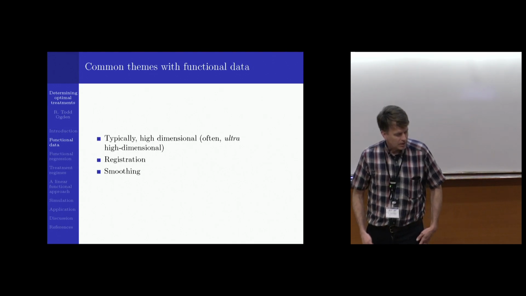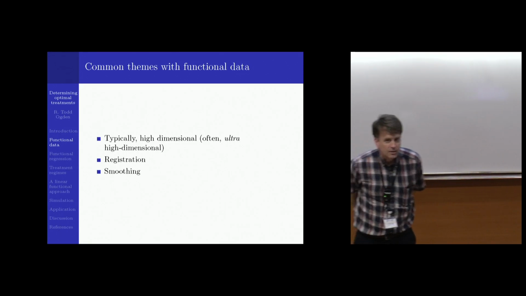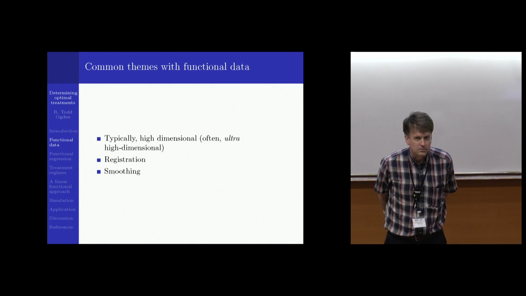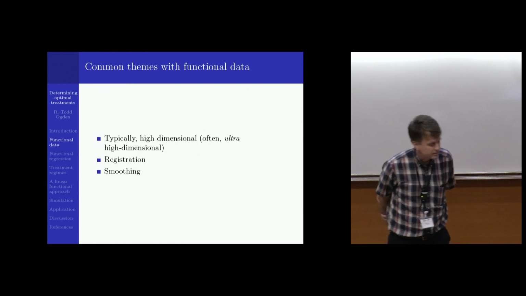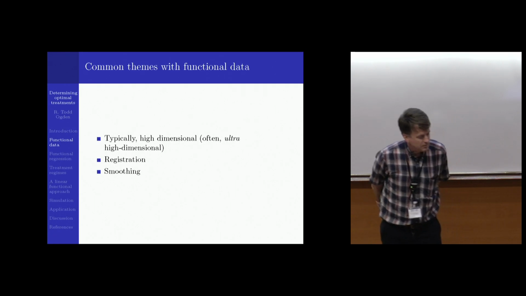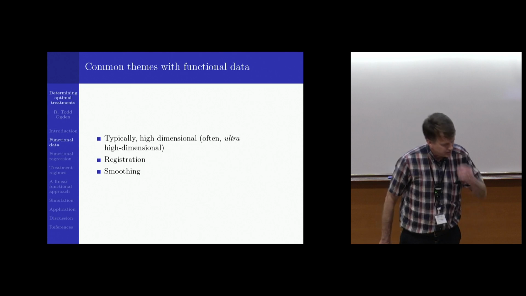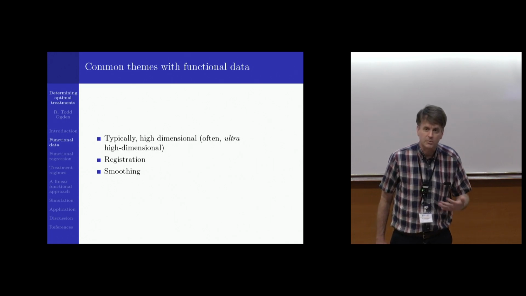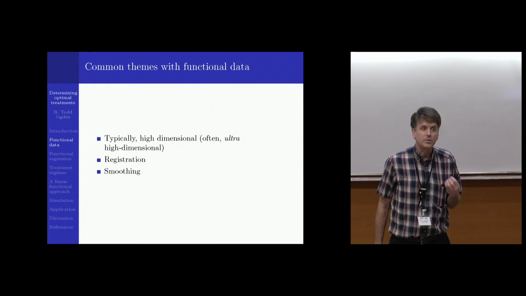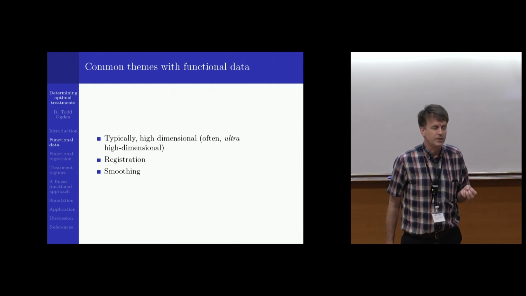Functional data are often high dimensional, ultra high dimensional. This is why I said complex in the title, because there's a lot of it. And one of the biggest tricks in a lot of functional data, particularly with imaging, is registration. This will be an issue with this actigraphy data that I have.